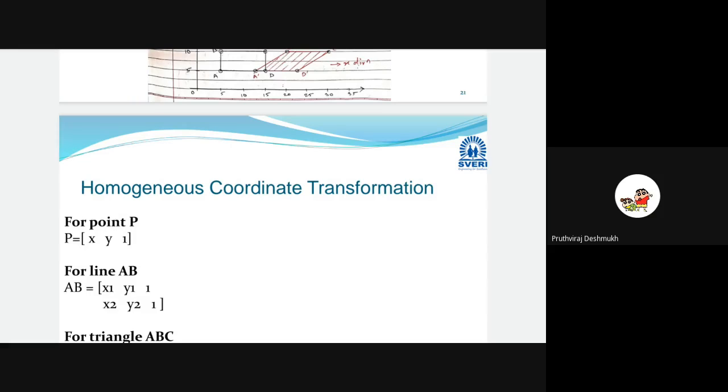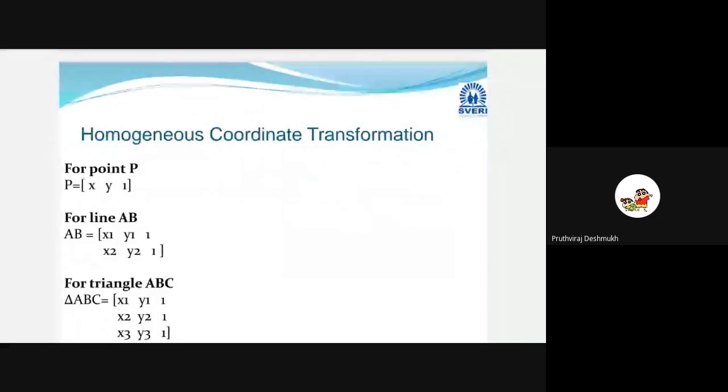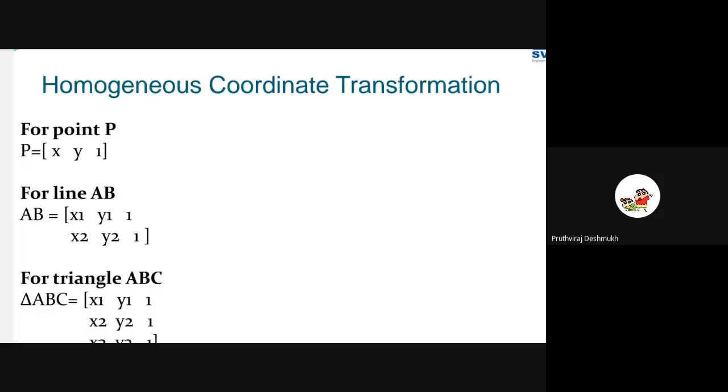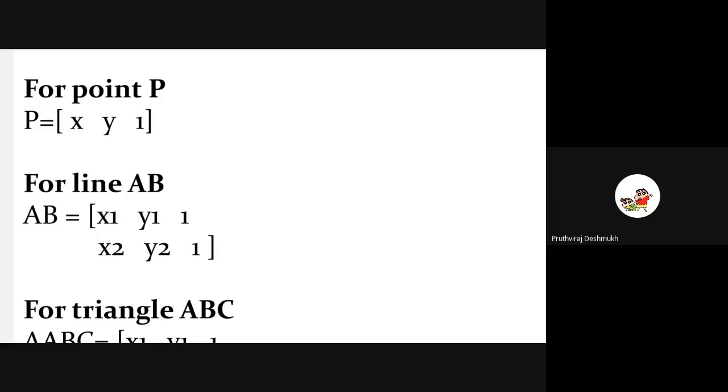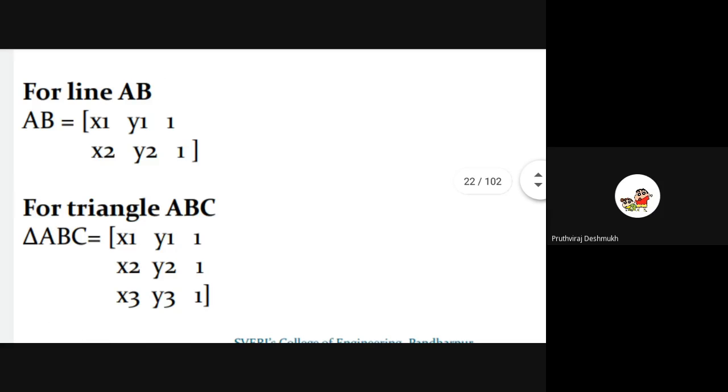For that, one column is added. Before, in geometric transformation, point A has x, y and line AB has x1, y1, x2, y2. But in homogeneous, one row is added. This concept will be clear after problem solving.